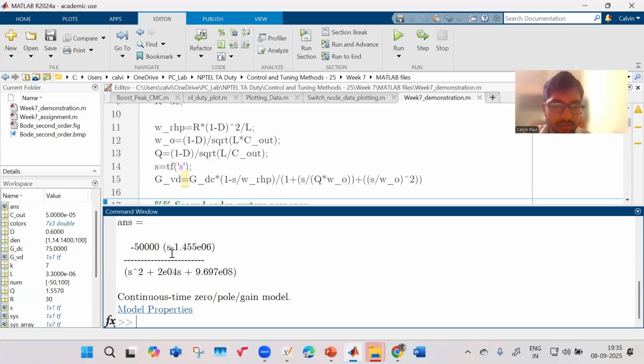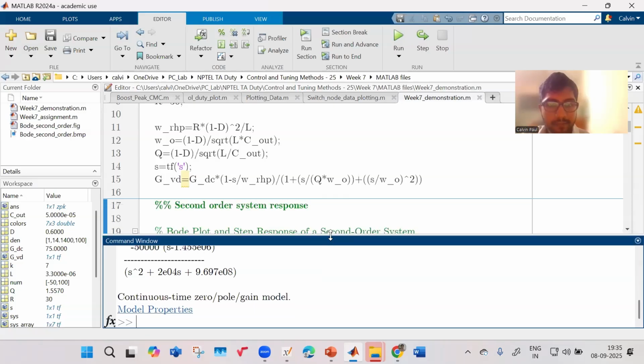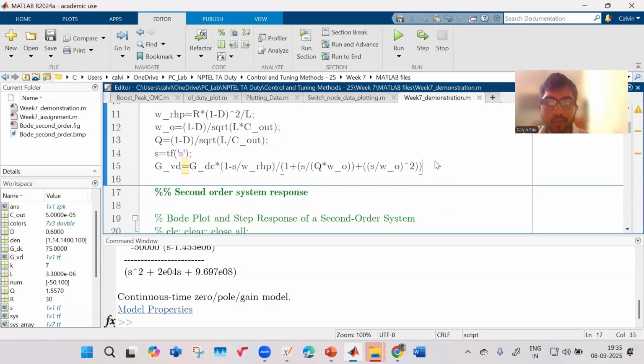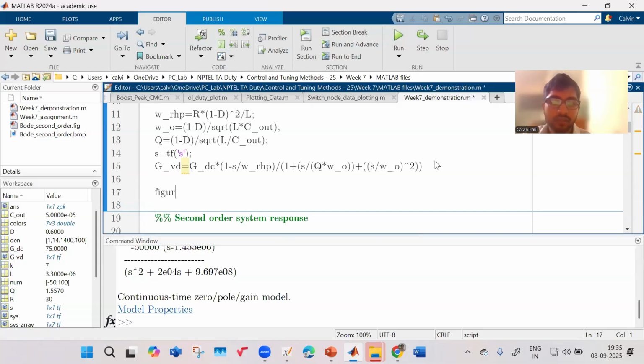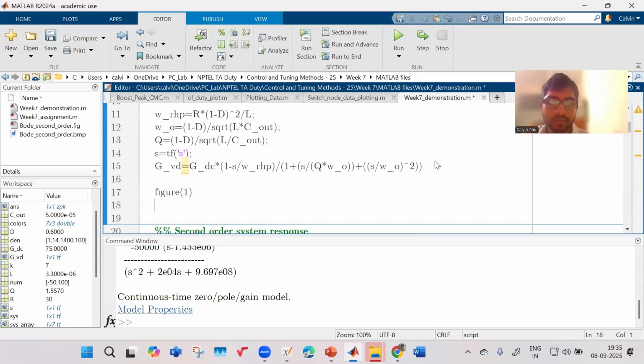This is the way you have it. Okay, this is fine. So now what we will do is figure 1. Let us do the Bode plot of GVD.